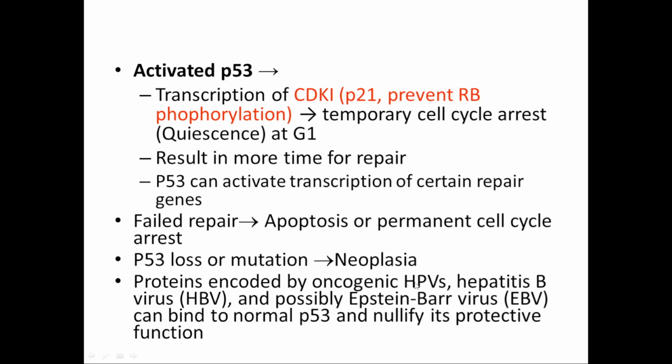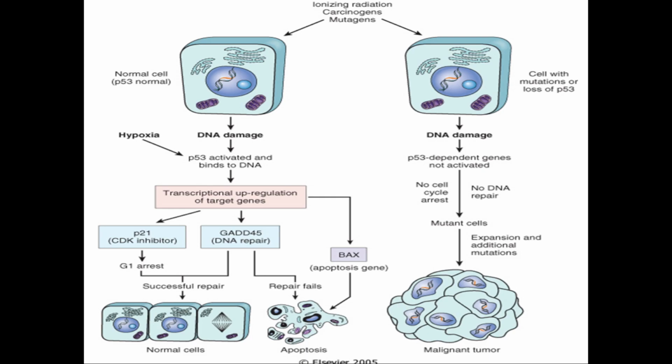We said human papillomavirus also works on the retinoblastoma gene. If you remember, the retinoblastoma gene can be blocked at the site of E2F binding by certain parts of the human papillomavirus. Hepatitis B causes hepatocellular carcinoma, and EBV causes different types of lymphoma. They bind to the normal P53 and nullify its action. So this is what we have said.